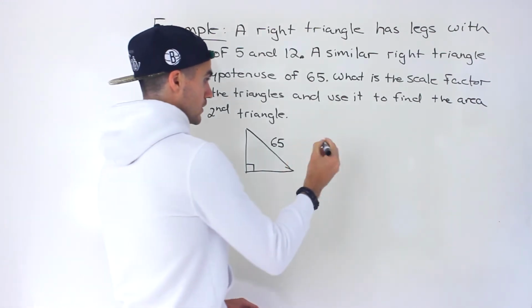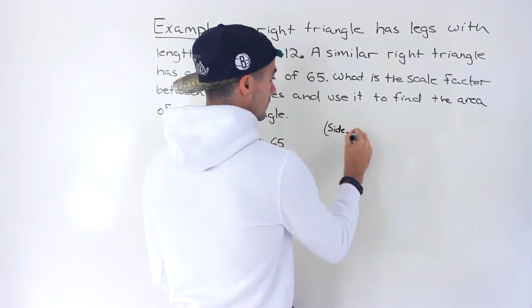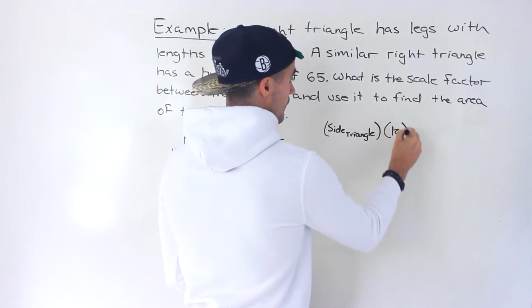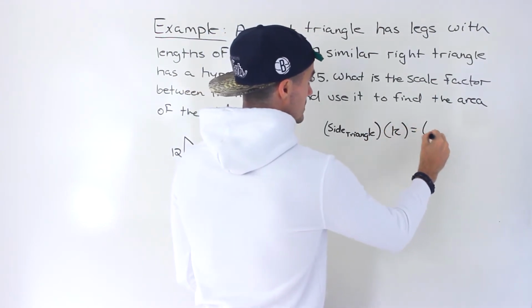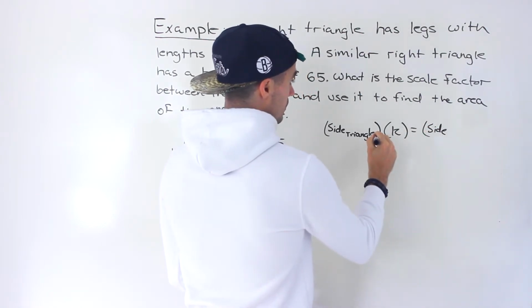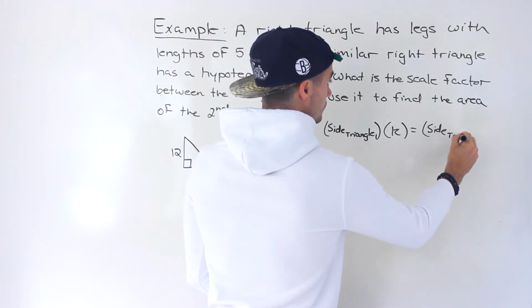Now, just as a quick review, the scale factor, what we can do is we could take the side of a certain triangle, any side, and then we can multiply it by that scale factor to get the side of the other triangle. So let's call this triangle 1, and this would be triangle 2.